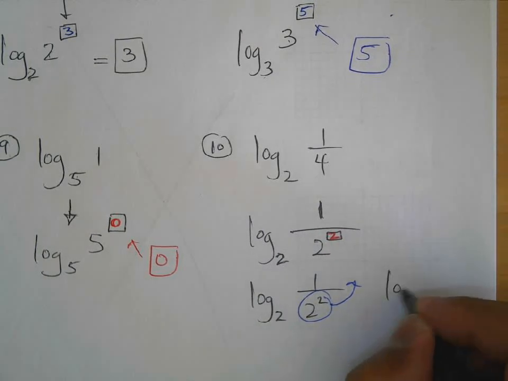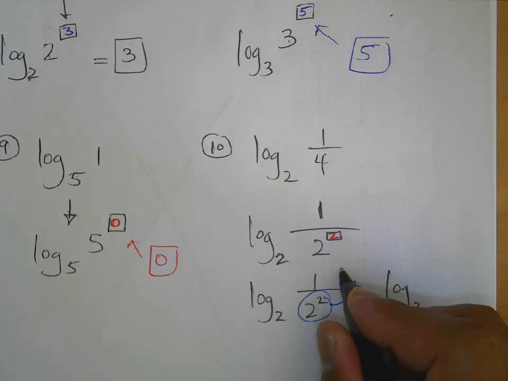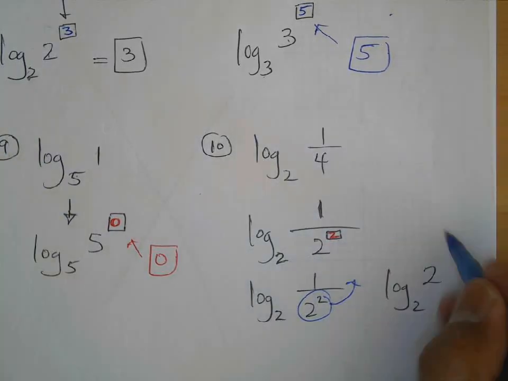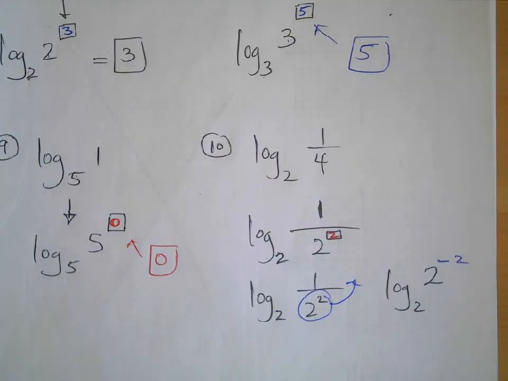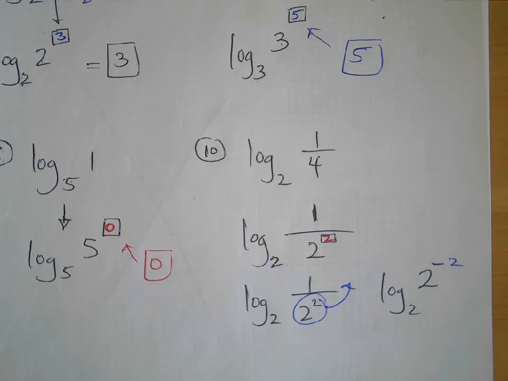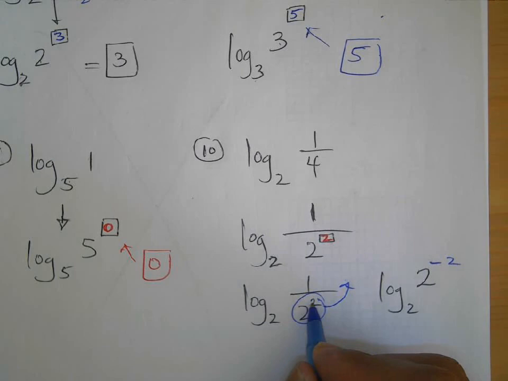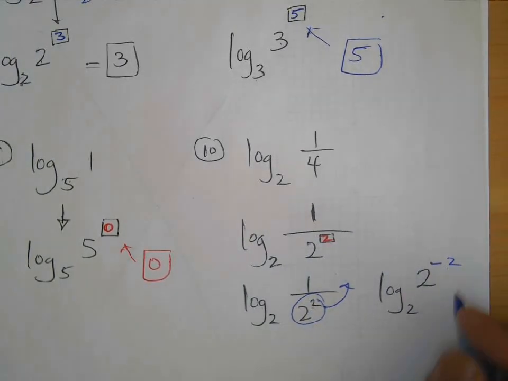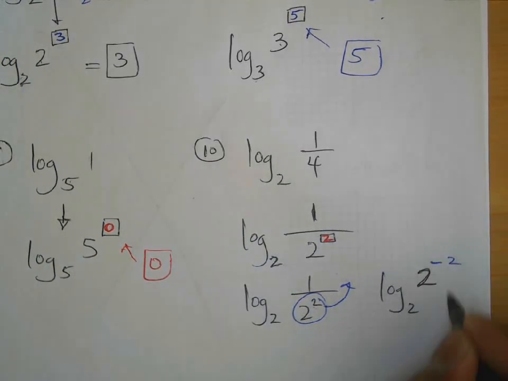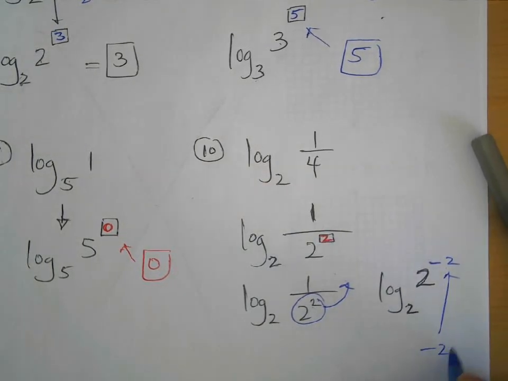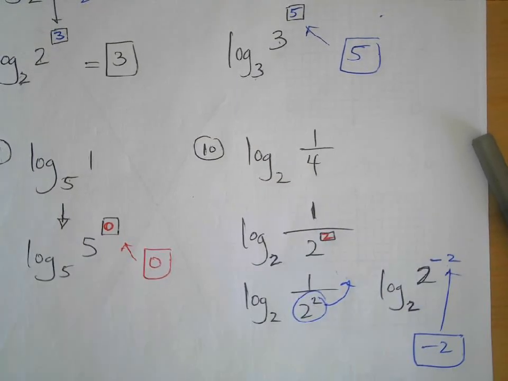So that's going to be log base 2, and when this moves up, it'll be 2 to the power of negative 2. So here, when you move it up, this positive power becomes a negative power. And now we got these to match. And the answer is negative 2.